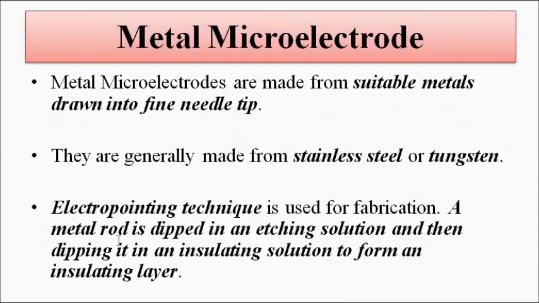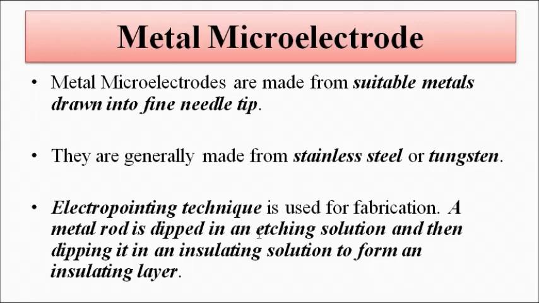Then there is the metal microelectrode. Metal microelectrodes are made from suitable metals, as the name suggests, and basically the metals that are used are stainless steel and tungsten. They are the appropriate choices for metal microelectrodes, and the electropointing technique is used for fabrication.